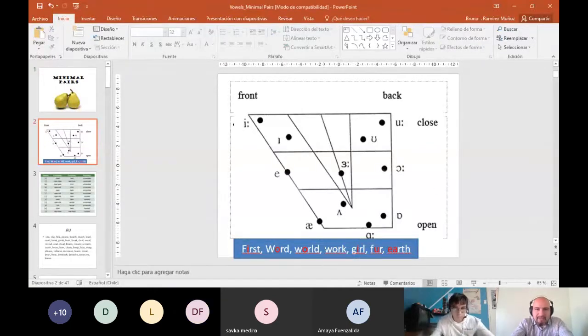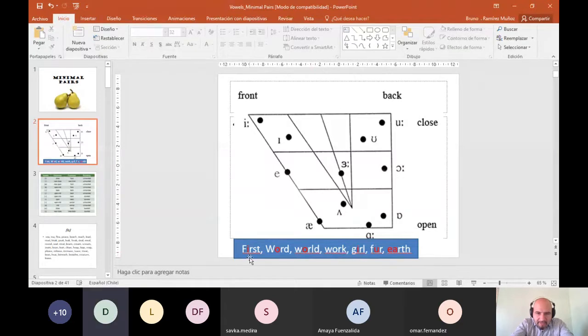So the second problem is that for one sound, you have very different spellings, right? This letter, that letter, that letter. There is not a one-to-one correspondence.